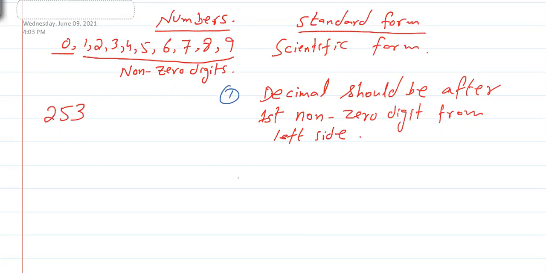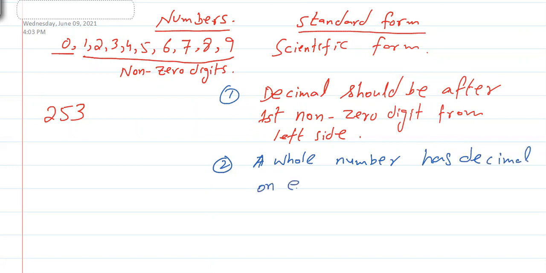If any number, or you can say a whole number, has decimal on extreme right side.